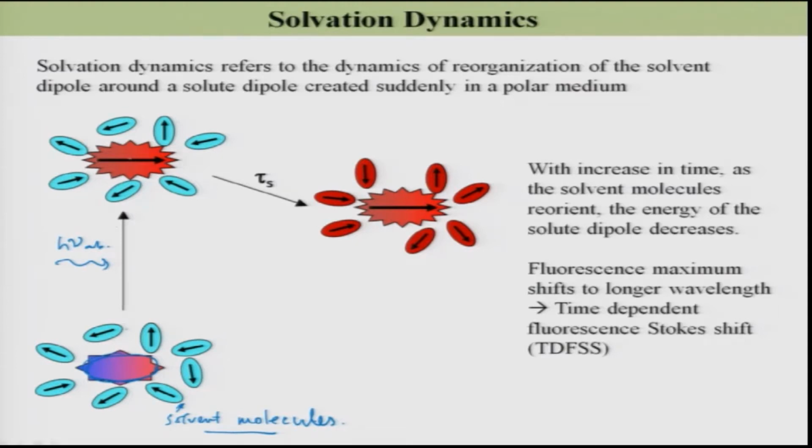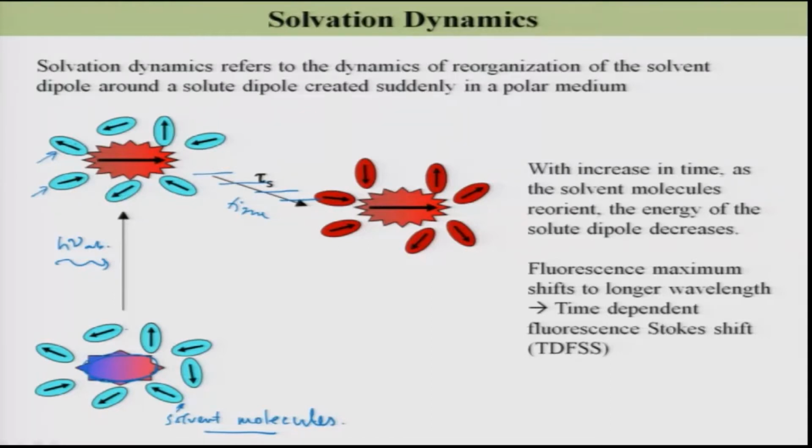Just after the excitation, the solvent molecules will have a similar orientation to that in the ground state, but as time goes, here is my time axis, the solvent molecules will reorient themselves, and at each step in between, an emission spectrum will come.